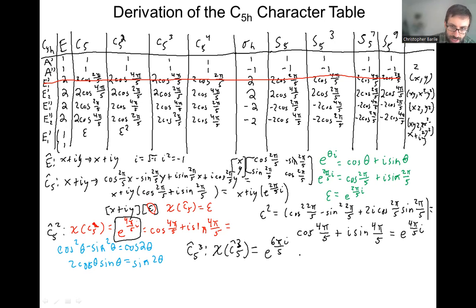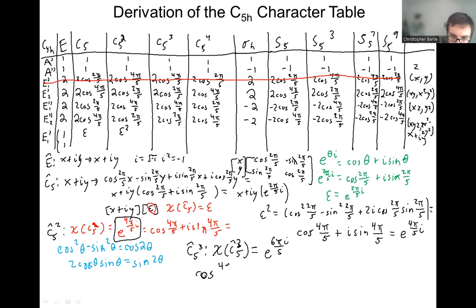Well, cosine 6 pi over 5 is equal to cosine 4 pi over 5. It's one of these relationships. You just look at the unit circle. So anyway, the character is e to the 6 pi i over 5. Well, some relationships here, I guess I can write out.